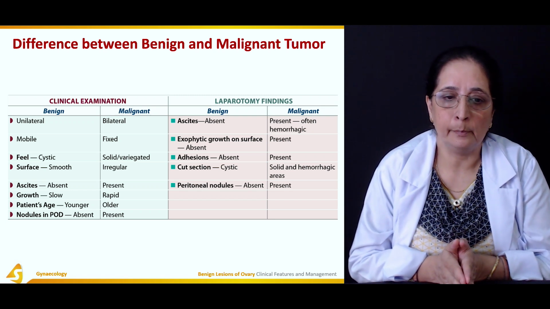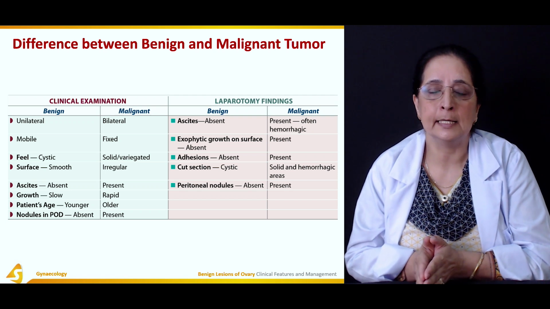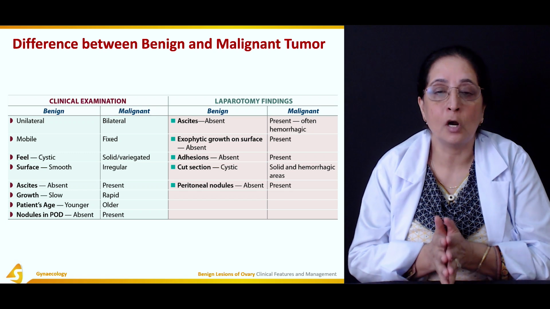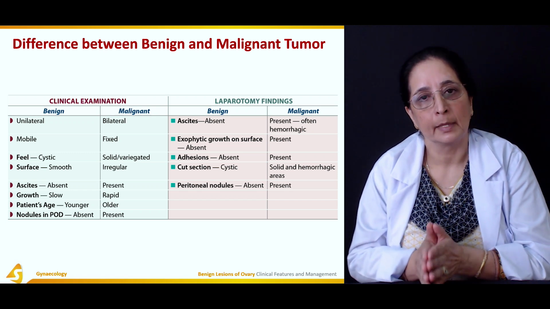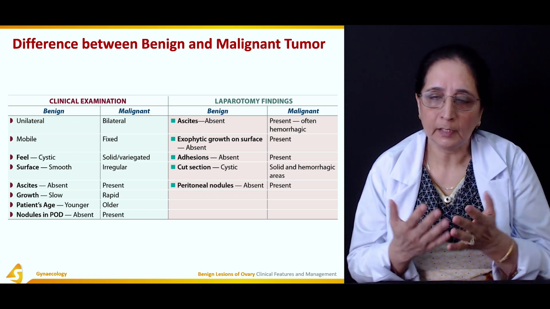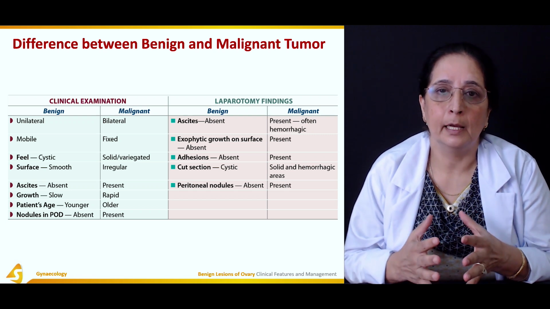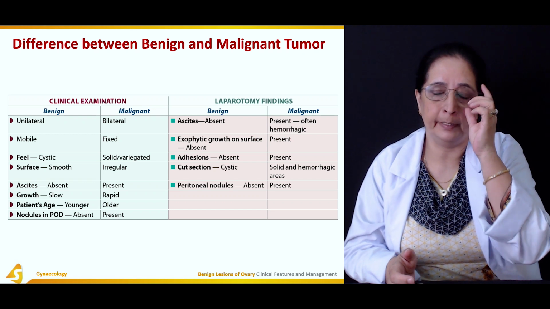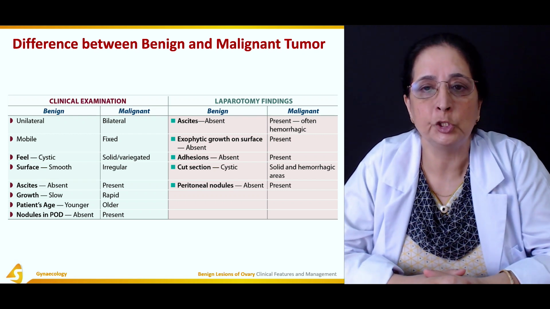Ascites absent in benign, present in malignant. Young age in benign, old age in malignant. Nodules absent in benign, present in malignant. So these are some common differentiating points on clinical examination of benign and malignant tumors.